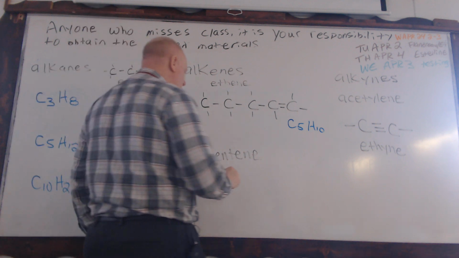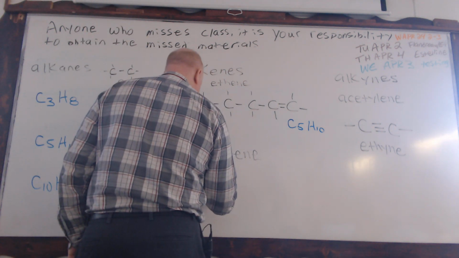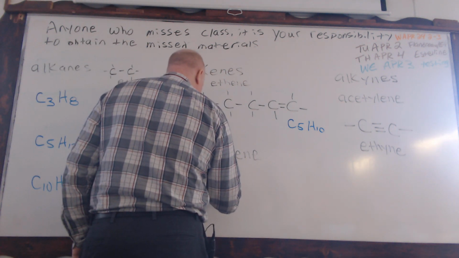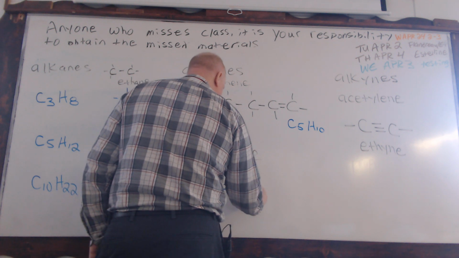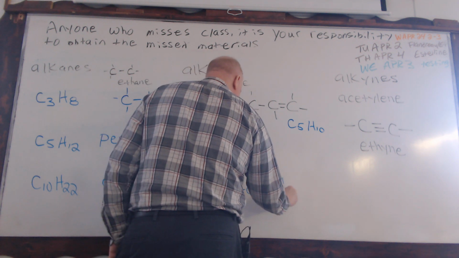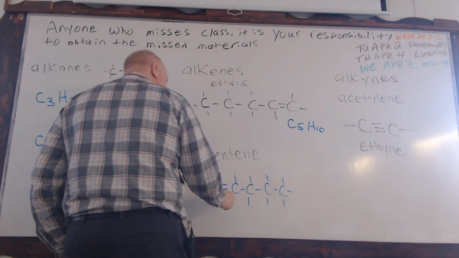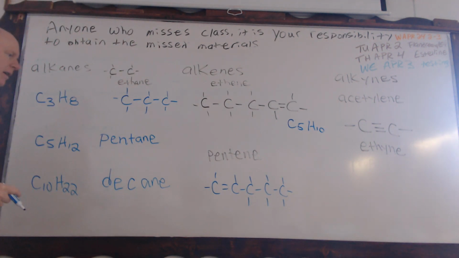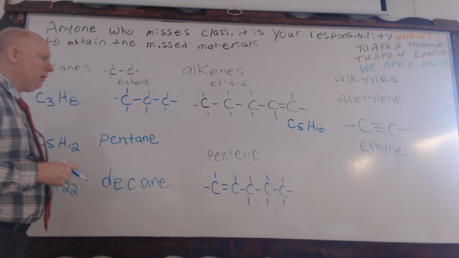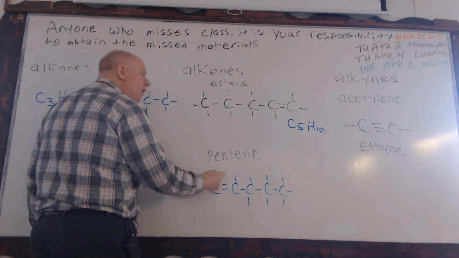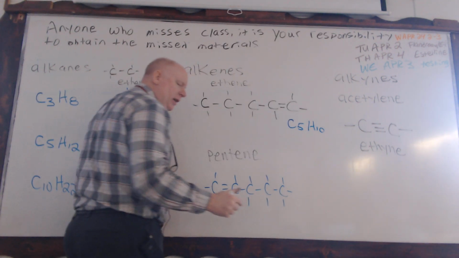So what would happen if we just rewrote that and named that compound? What would we have? The same thing. Why is it the same thing? That's right. Yeah, because that double bond is still after that first carbon, just like this one. Okay?